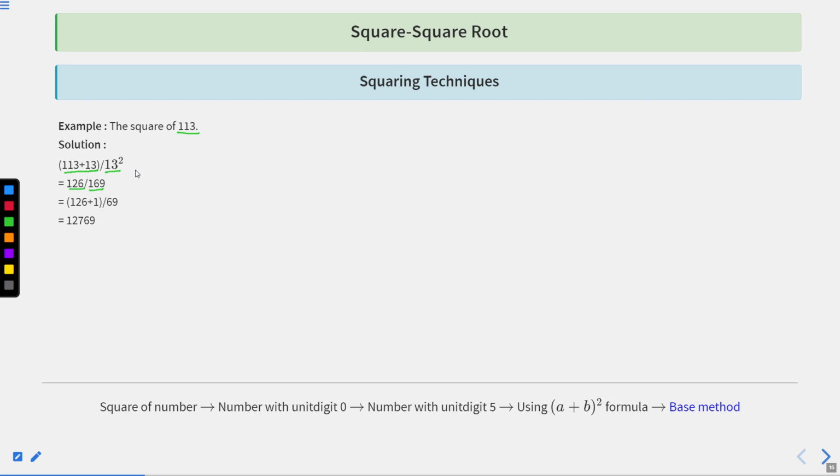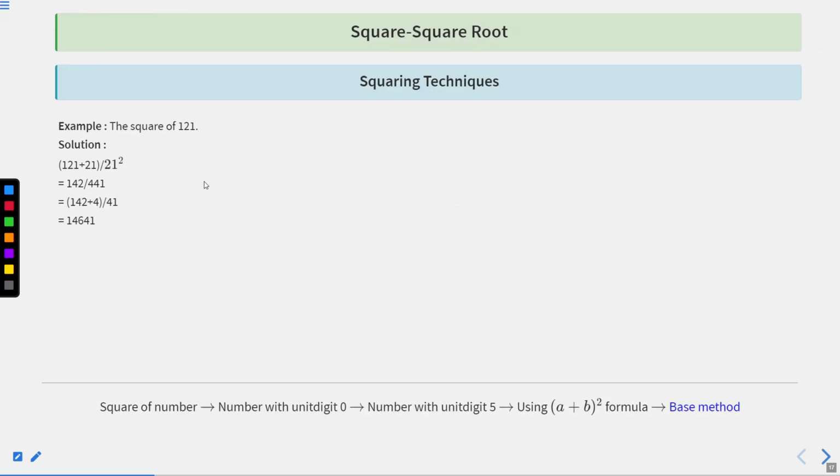So it will be good if you remember all the squares from 1 to 20. So 126 upon 169. Okay. So it will be 126 plus 1, because we just have to keep two digits in the denominator. So take the 1 here and it will be 126 plus 1 upon 69. So now just remove the divide sign and it will be 12769.